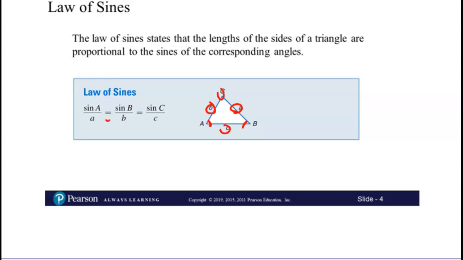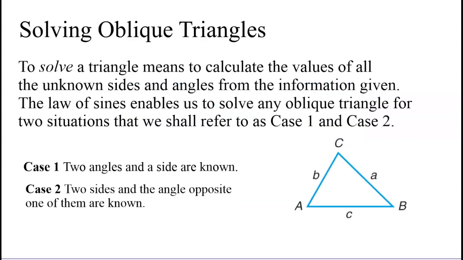They're all equal to each other. And since they're set equal to each other, as long as we know three of these values, we can go ahead and solve a problem using the law of sines.